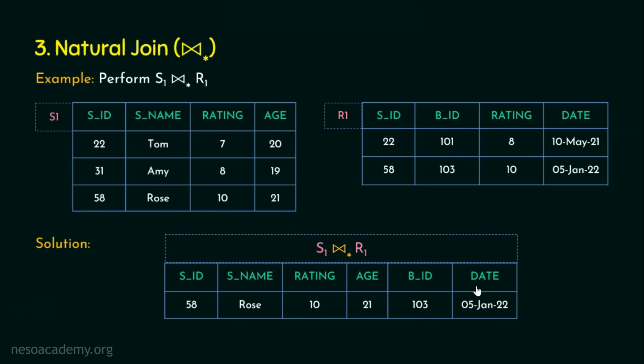The reason is, it is a natural join. As per the natural join concept, it treats these 2 SIDs as one and the same and these 2 ratings as one and the same because they belong to the same data type, the same attribute type, the same domain. It accepts all the values in the same domain. I hope natural join is clear to you. And if you recollect, I told you it's not merely Cartesian product and just selection.